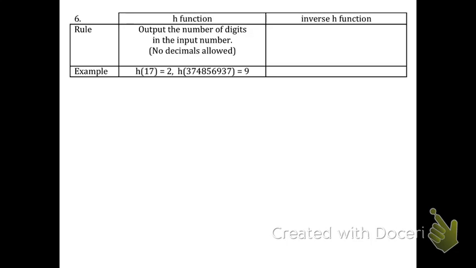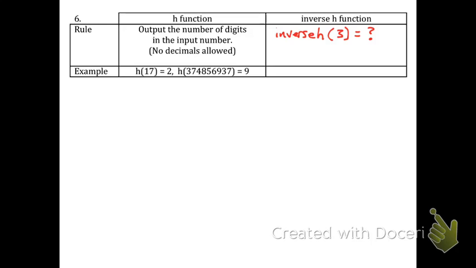And there's a lot of numbers that go to 1, like if you put a 1 into the h function, you get 1, or a 7, you get 1, because that's just a single digit number. And because there are lots of numbers that output to the same number, it's not possible for me to know if, for example, I were to do inverse h function of 3, how am I supposed to know what 3-digit number it was that the person put in to get a 3?